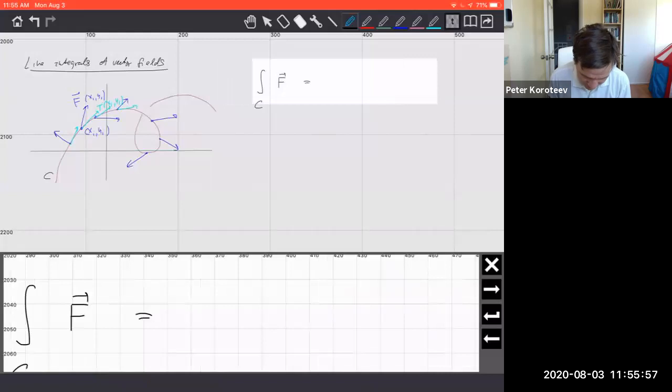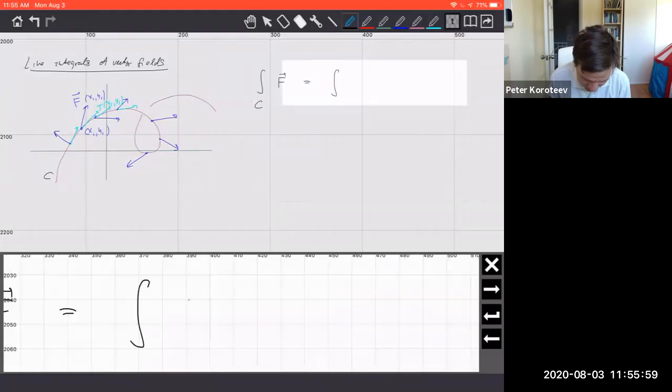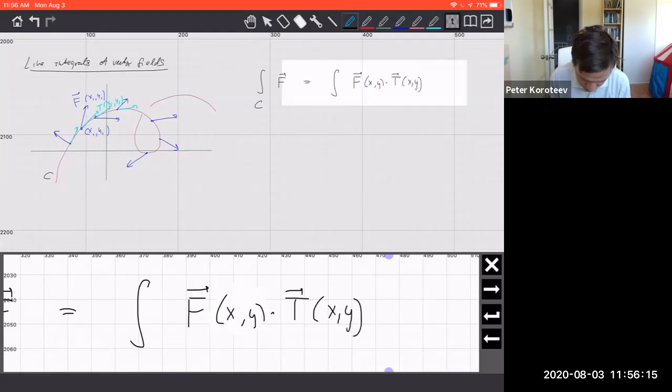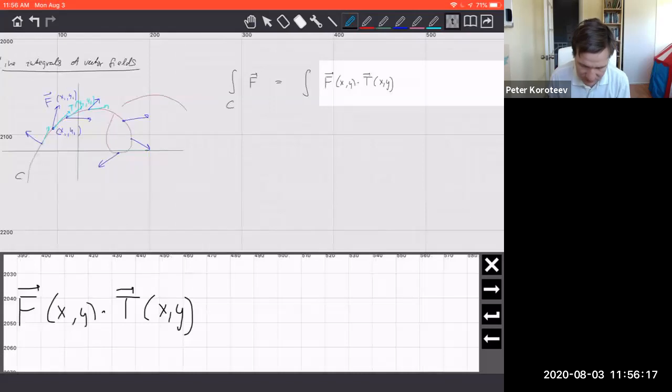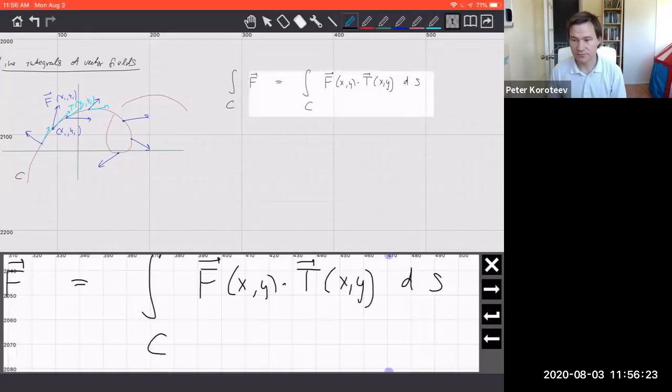We have the integral, and we take a dot product of the vector field with the tangent vector at every point. This way it is a scalar function, and then we integrate it over the curve.